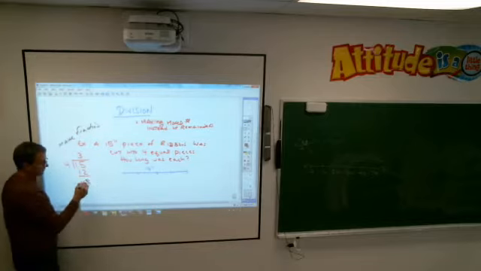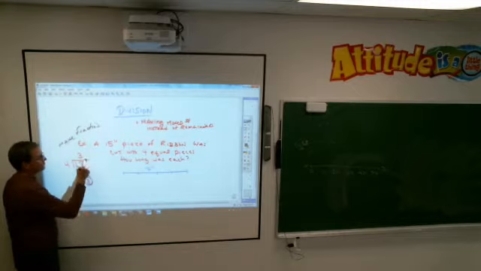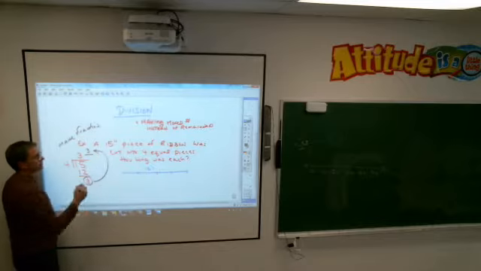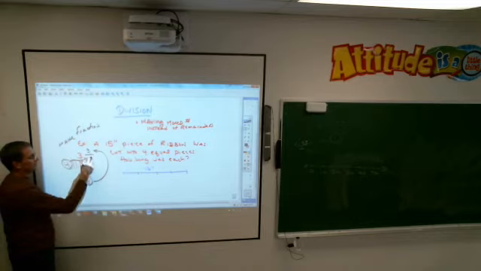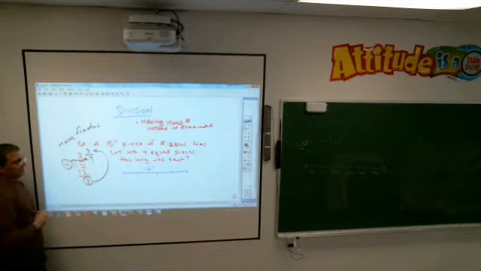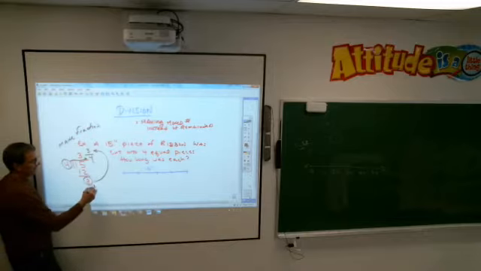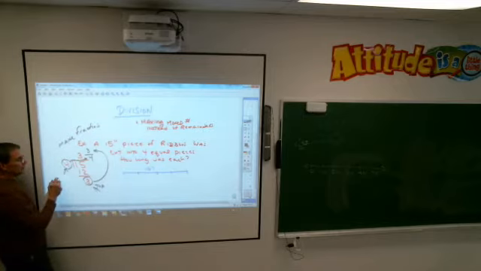Your remainder goes on top of the fraction, and the divisor goes on the bottom of the fraction. It is 3 3/4. Remainder is top. Divisor will be your bottom.